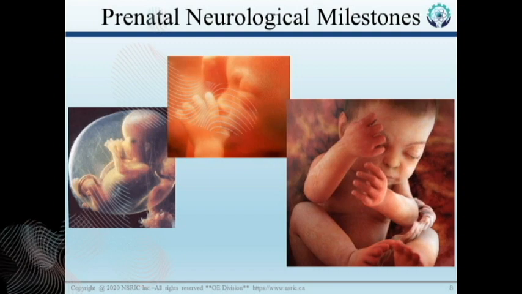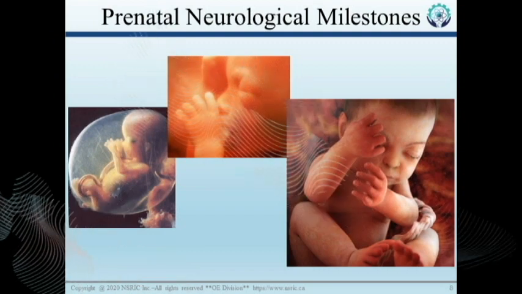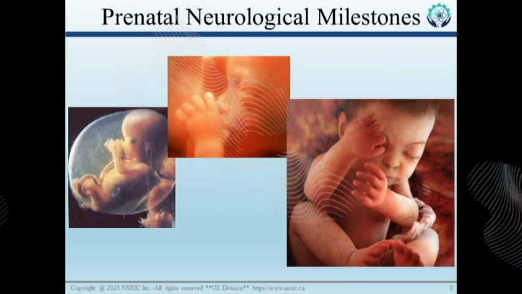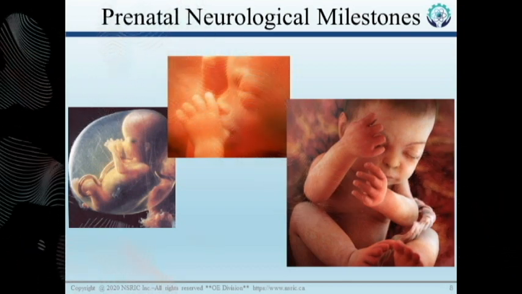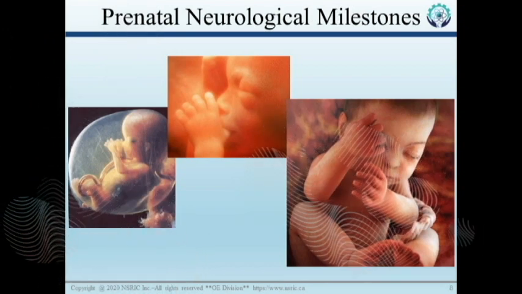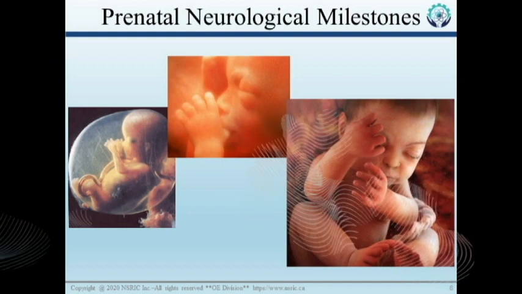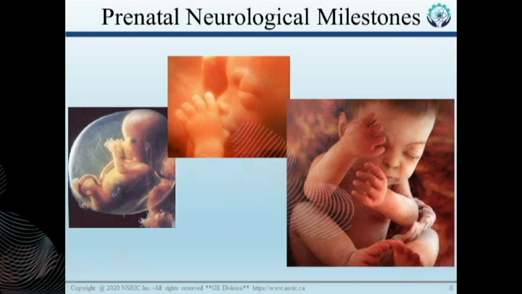Oftentimes you'll see ultrasound pictures in the second trimester of a child sucking their thumb because that reflex is developed. There are also the senses of touch, taste, smell, and auditory development taking place.